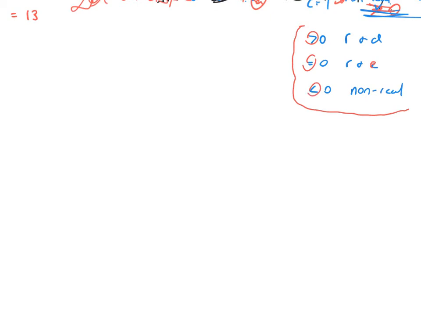Okay, let's try example C. We'll get 3x squared plus 4x plus 1 equals 0. First move, let's get A, B and C. A is 3, B is 4, C is 1. B squared minus 4AC.